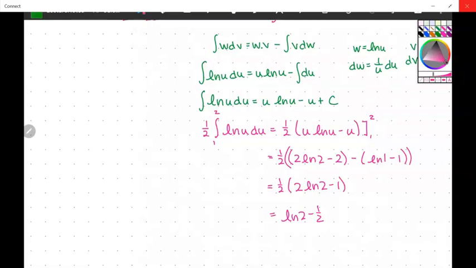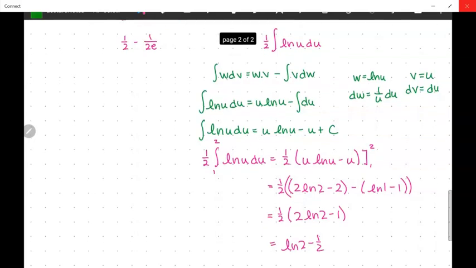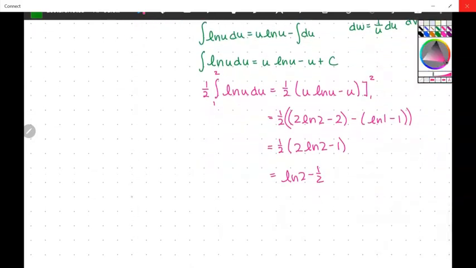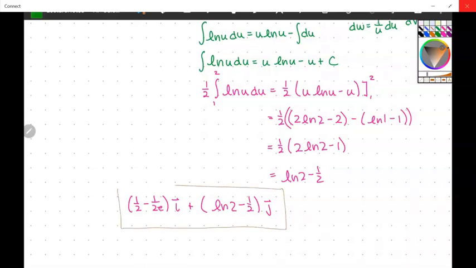So 1/2 minus 1 over 2e i, and then natural log of 2 minus 1/2 j. Ta-da! So it's just as easy or as hard as the actual limits, derivatives, or integrals are.